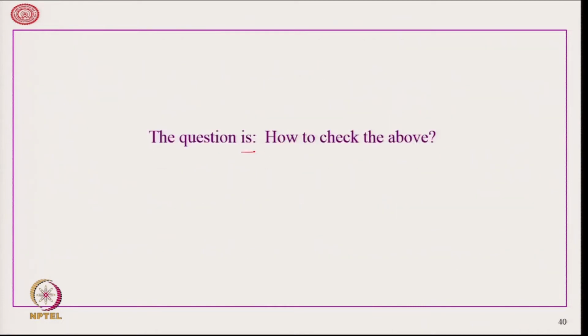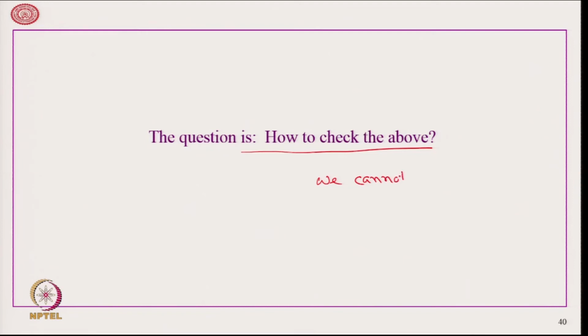The question is how to check the above. How do you know whether a distribution is symmetric? We cannot check for all possible k. Therefore, we need to find a device.